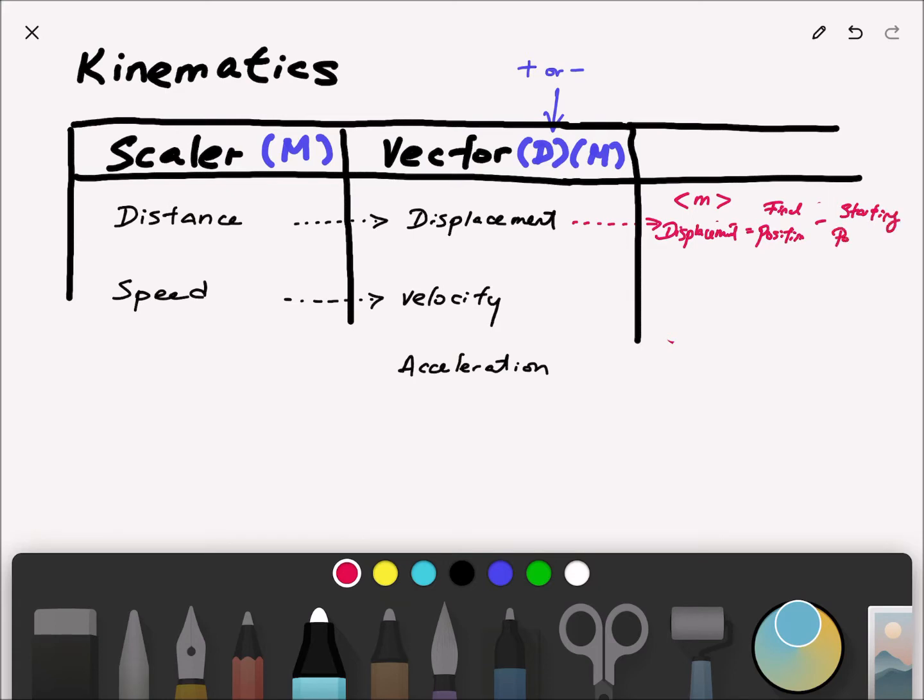I try to use layman's terms for you so that you can understand it better, but in your textbook, starting position is known as initial position.